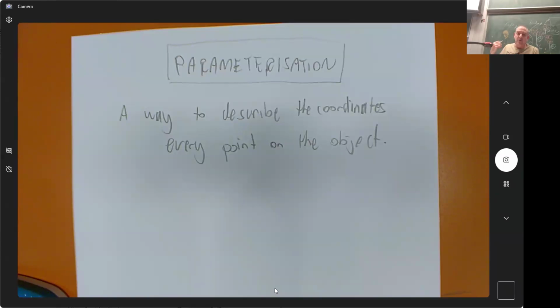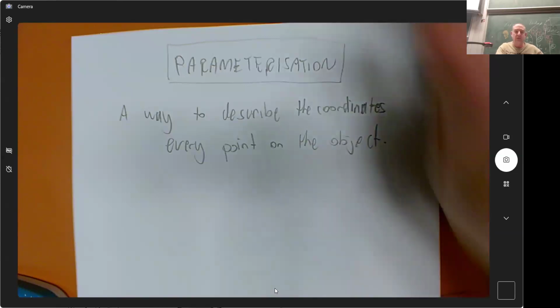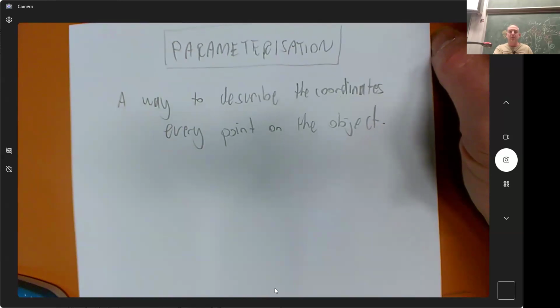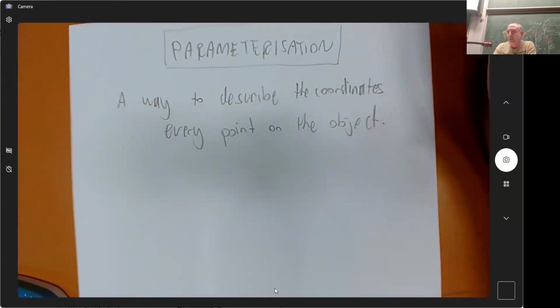And if someone asks me to, or I'm required to, because of the system, to make a parameterization, I need to describe every point on the object one at a time. Like they all have to be described once. I'm not allowed to do any of them twice. That's the idea. And there are three parameterizations that you have seen in your life that you didn't know were parameterizations at the time, and they are these.